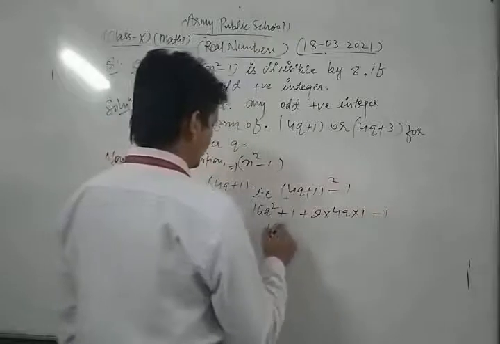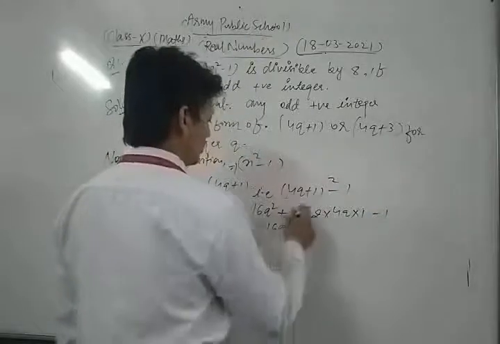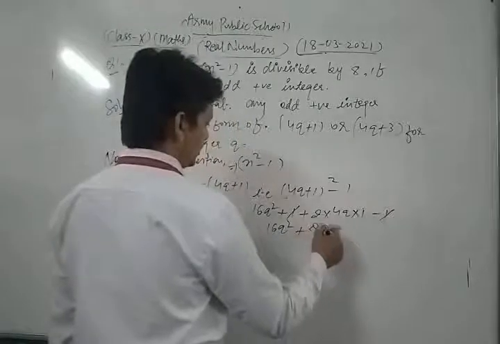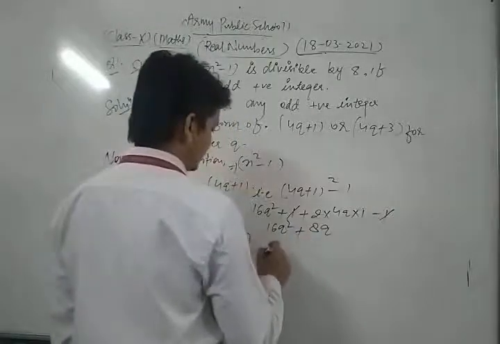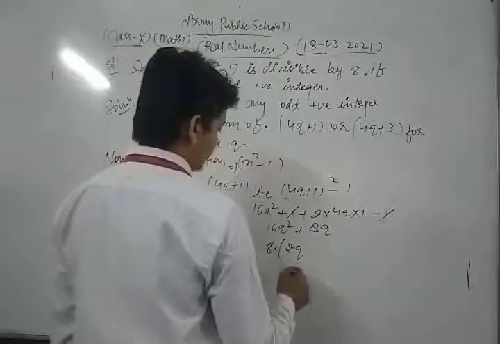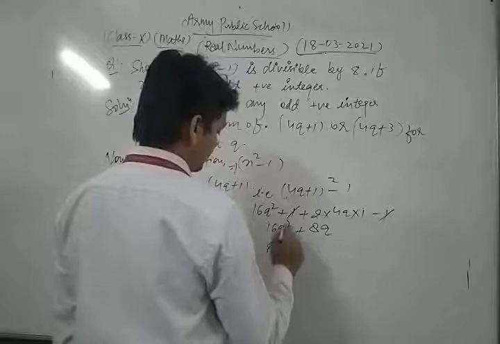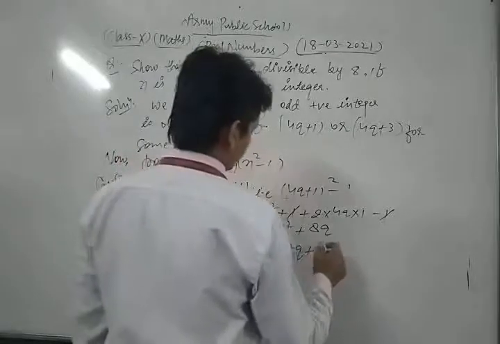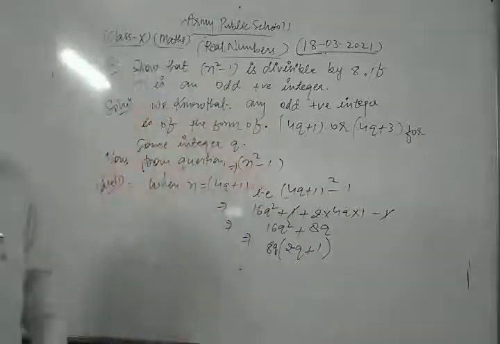Now we get 16q square plus 8q; the plus 1 and minus 1 cancel each other. Now we take 8q as common, so we get 8q into (2q plus 1).